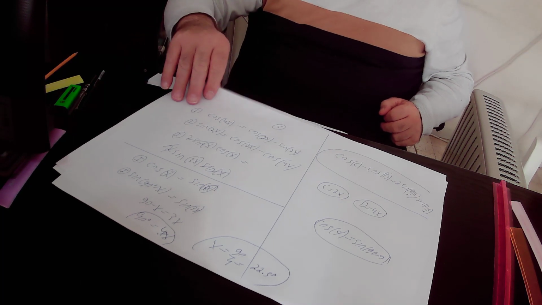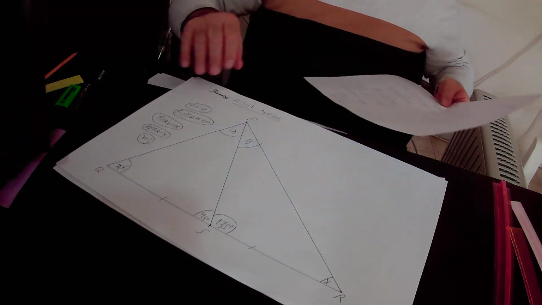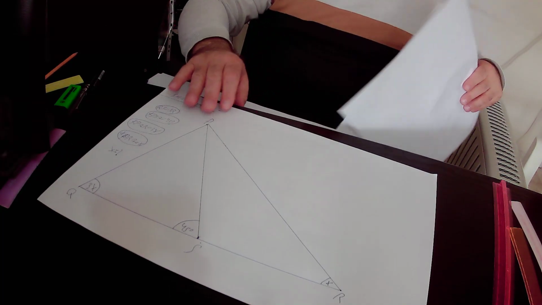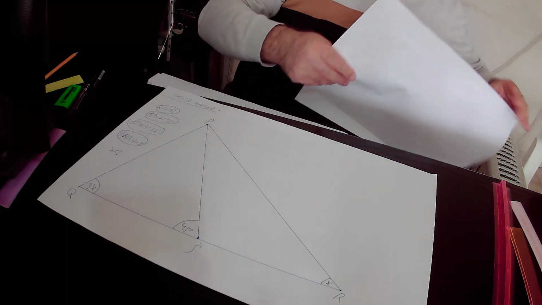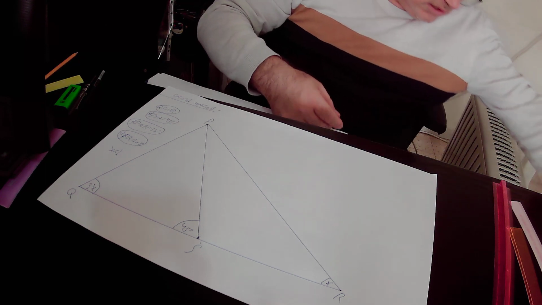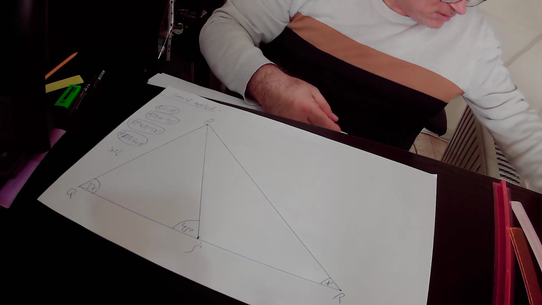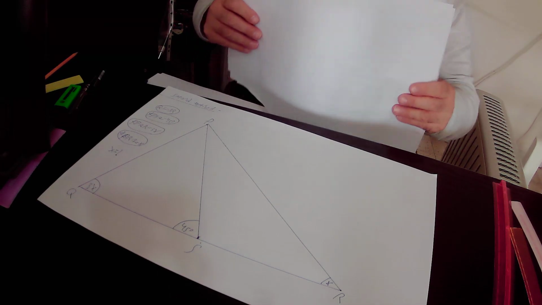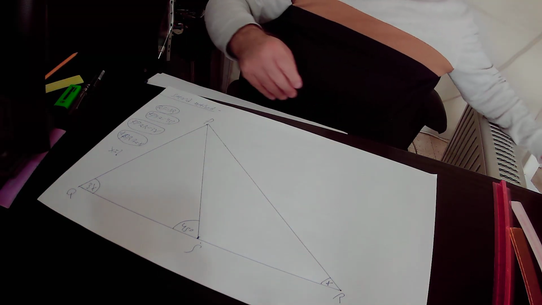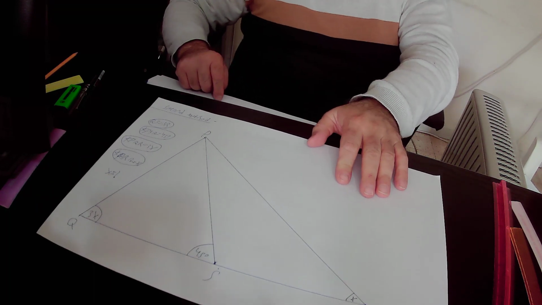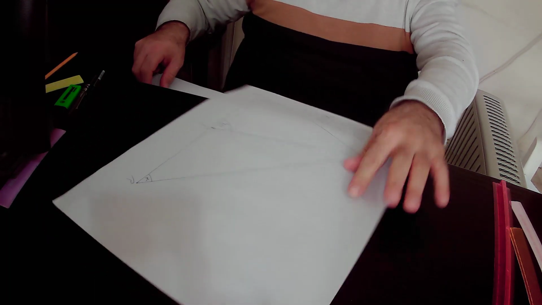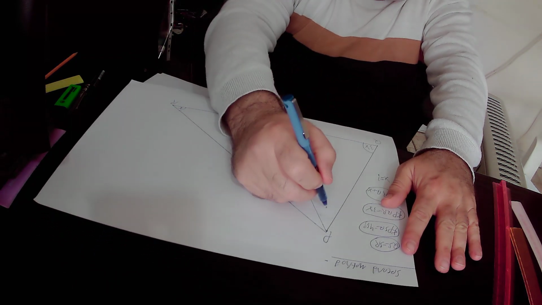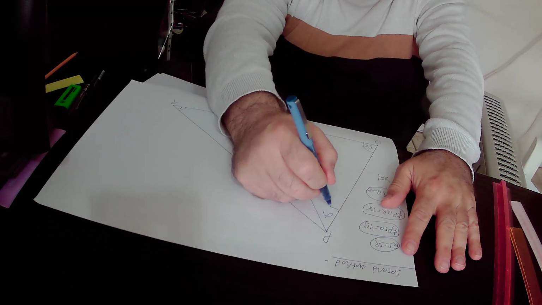In the next step, I will present to you how to find the value of angle x according to the second method. Okay? In the second method, we will define angle QPS as alpha, as we did in the first method.